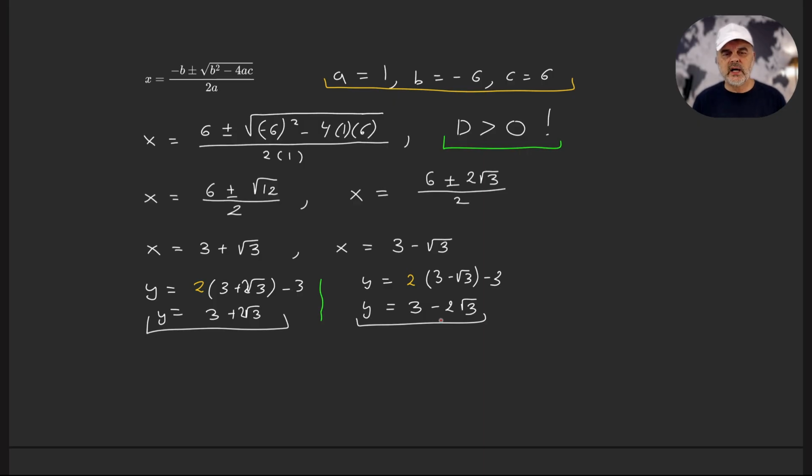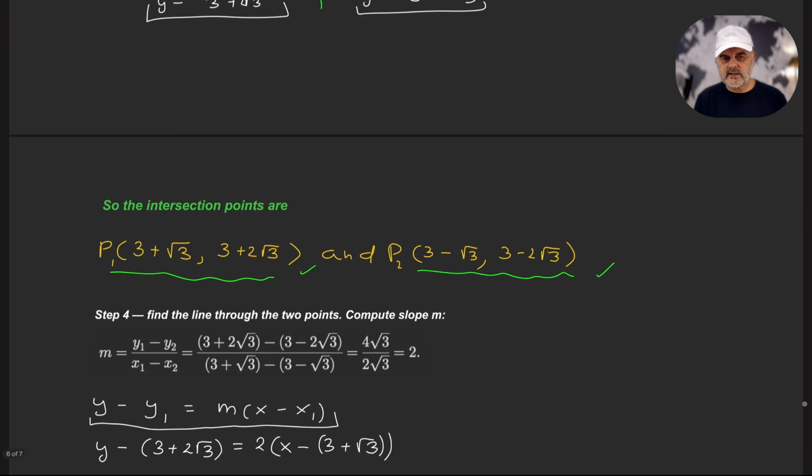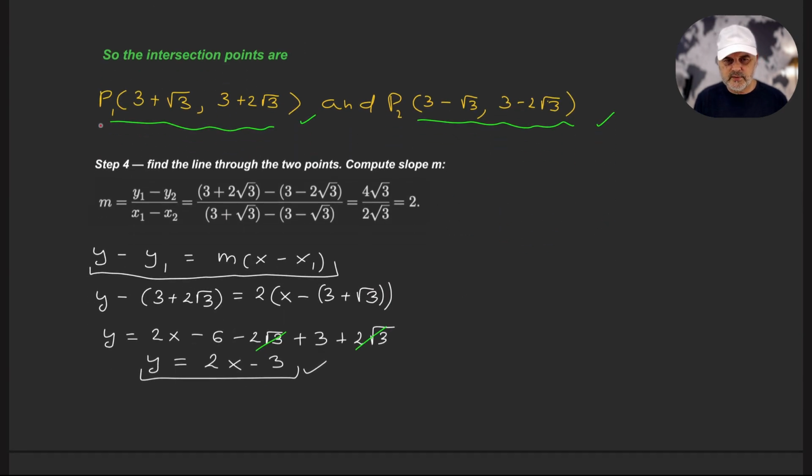So now we found 2 points of intersection, and let's put them together. So point 1 has coordinates 3 plus root 3, comma 3 plus 2 root 3. Point 2, separate point, has 3 minus radical 3 with y 3 minus 2 radical 3.